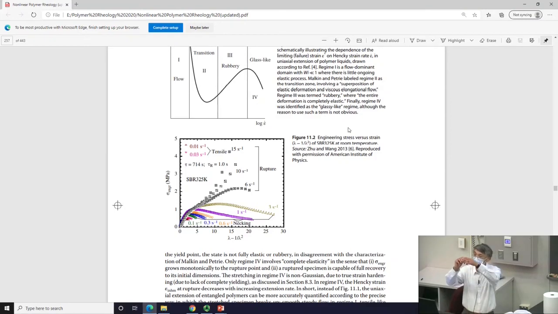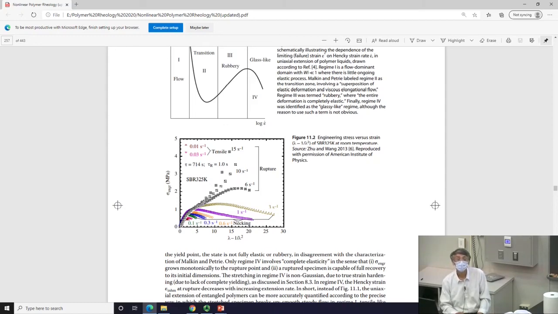When we do a startup extension, I discussed with you a good way to appreciate what the response is: look at the engineering stress, okay? Which is the force divided by the initial area. And you see that there are maximums in them. I'm willing to repeat, but we can go to the proper recording and chapter to find out what I said.